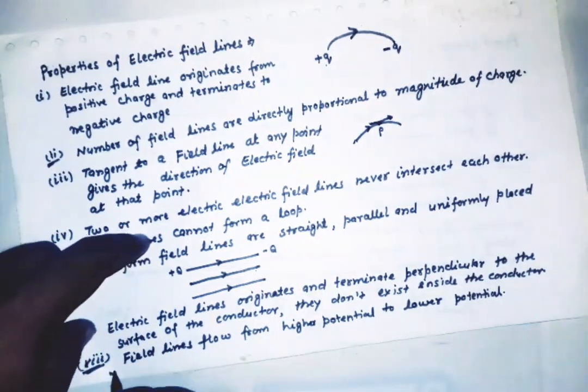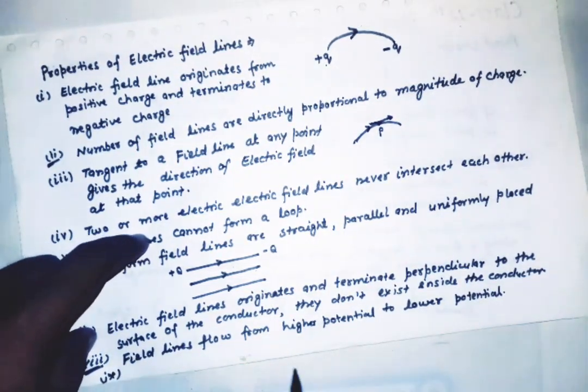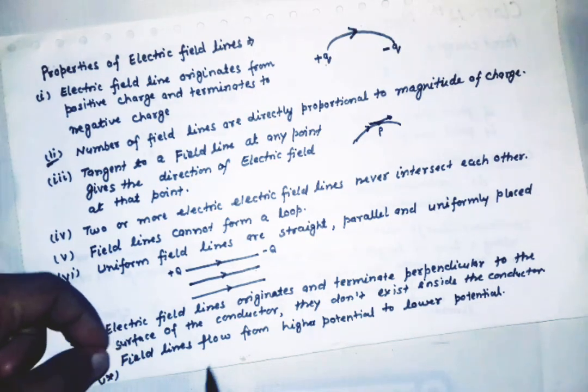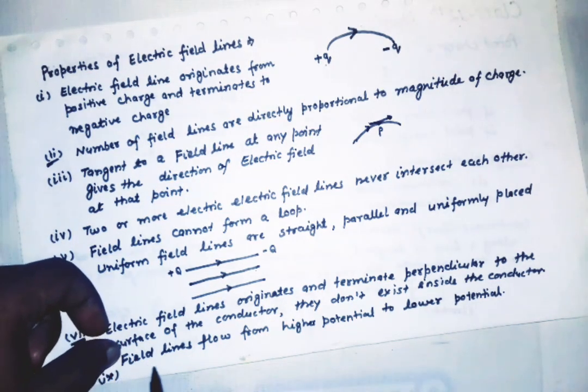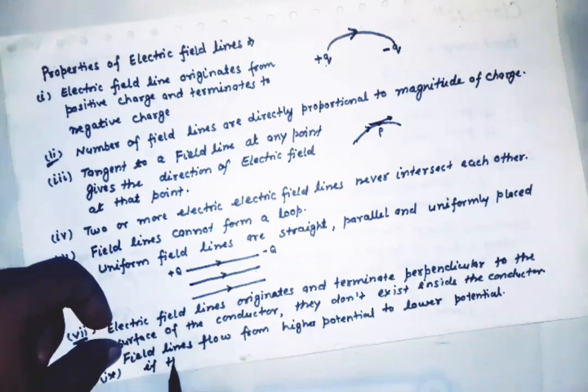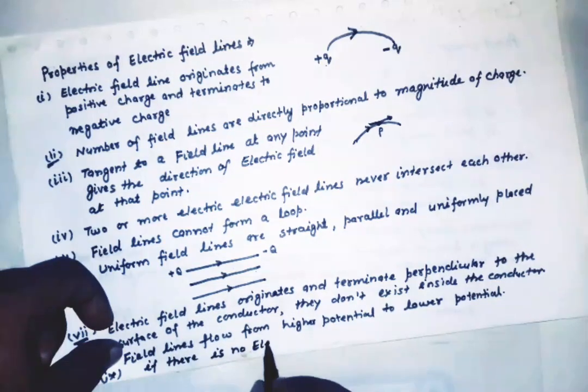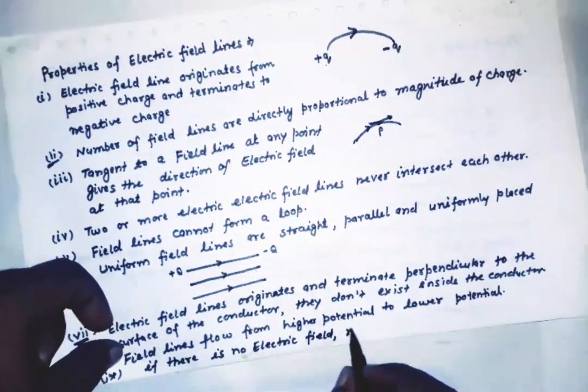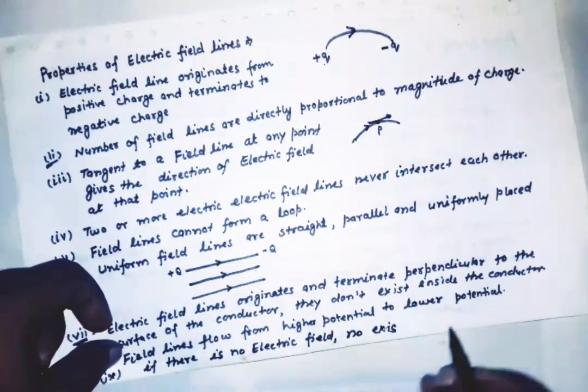And last but not least, if in a region electric field is absent, there are no electric field lines. That means if there is no electric field, no existence of electric field lines.